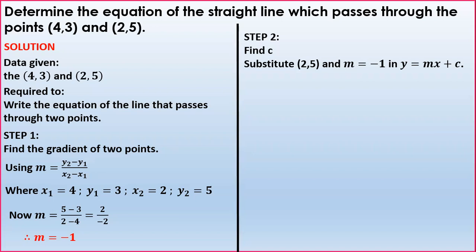We know x is equal to 2 and y is equal to 5. Let us substitute. We have 5 is equal to negative 1 times 2 plus c. This implies that 5 is equal to -2 plus c.